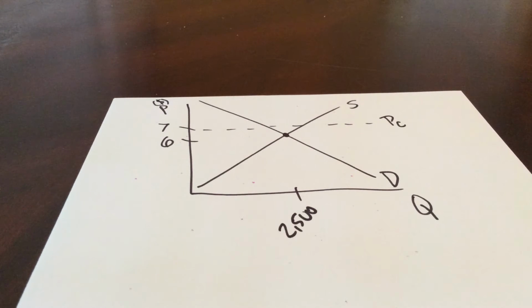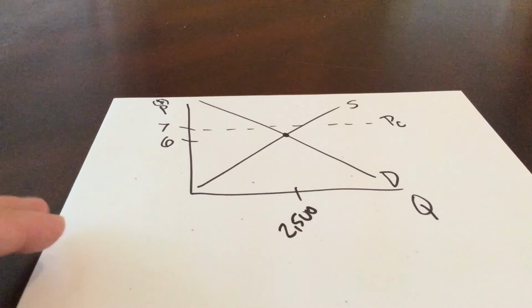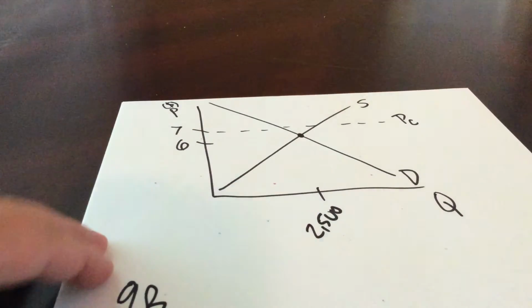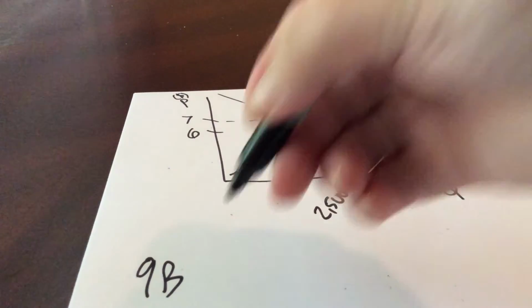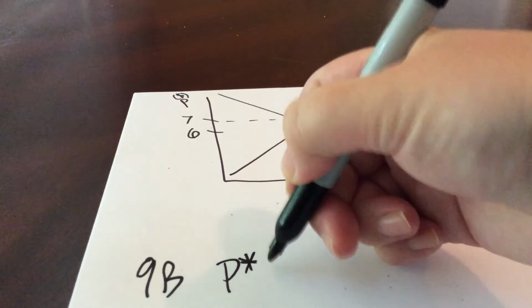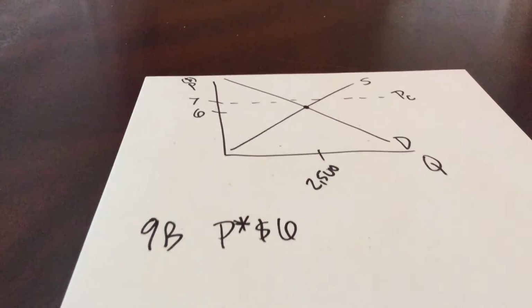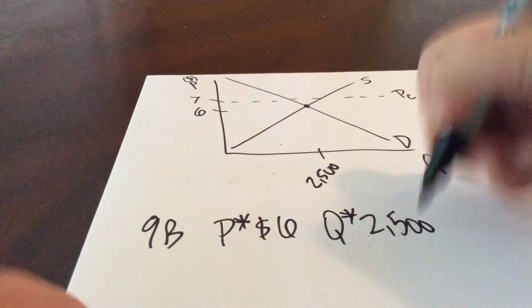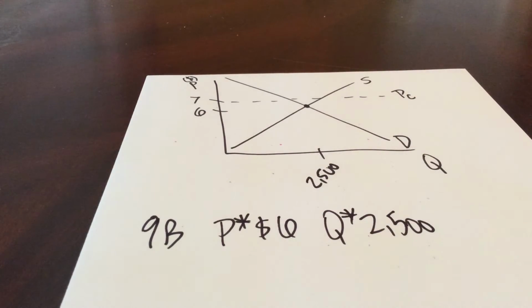So if the government says, okay, you can't charge a price beyond 7, if that's the ceiling, the market's response is, okay, we're just going to stay at equilibrium then, because the equilibrium price is below the maximum allowed amount. So the answer then for 9B, what price do students pay? We're going to stay at equilibrium. So our price is still going to be $6. Quantity also will not change, and we'll stay at 2,500.